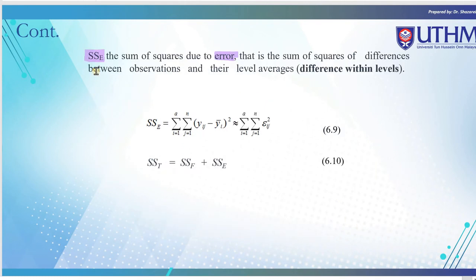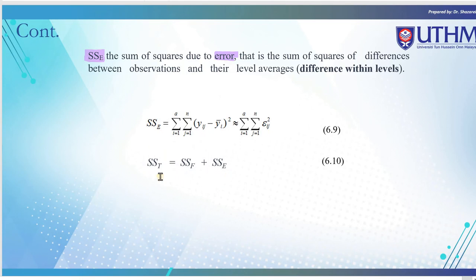Then the sum of squares error is the sum of squares of differences between observations and their level average, meaning that it is the difference within levels. Just now SSF was between levels, while this is within levels. So it is given by SSE, which is the sum of the squared individual errors epsilon. And SST is equal to SSF plus SSE, factor plus error.